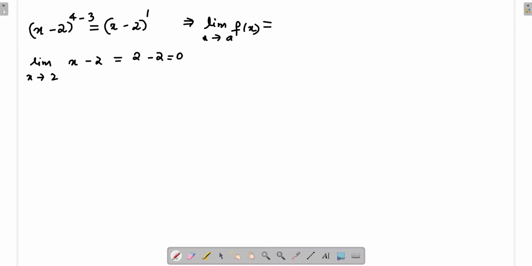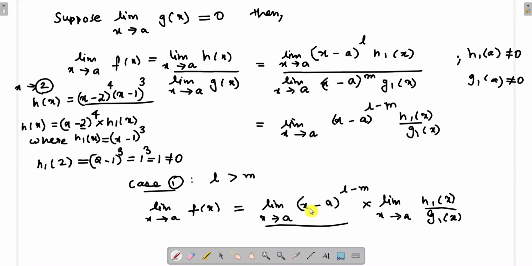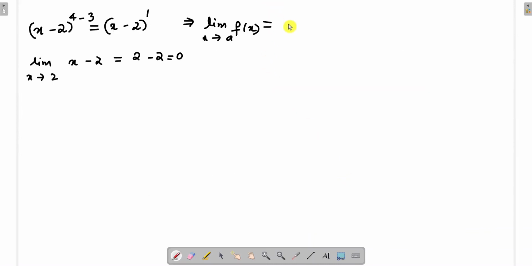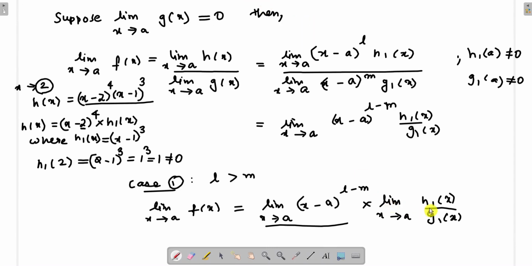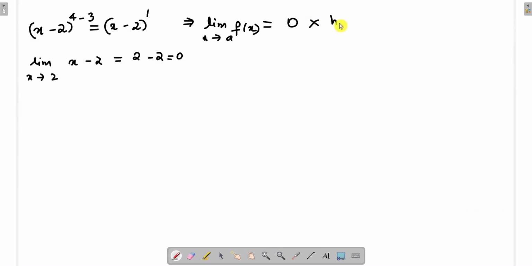Because similar thing, if you do a minus a you will get 0 raised to l minus m, so we will get 0 times this limit, where we substitute a in place of x, so we get h1(a) by g1(a).